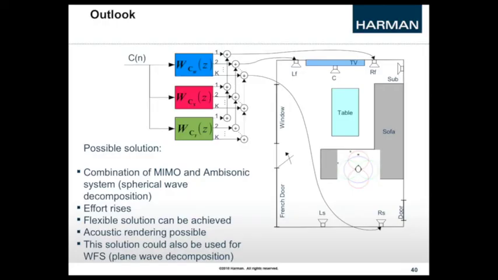could look like this. So this one could actually be one of the solutions that can also handle the problem today. As we heard, nowadays the MIMO system is the only one that can really handle arbitrary speaker setups, whereas the wavefield synthesis as well as higher order ambisonic systems are the only ones that are able to enable acoustic rendering.